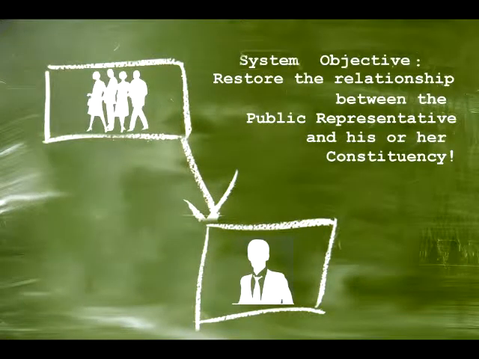What is needed is a new system which is intended to break the hold that parties have over politicians. And there is no need for a revolution or constitutional overhaul to accomplish this. All we need is a new social networking system which restores the relationship between the public representative and his or her constituents.